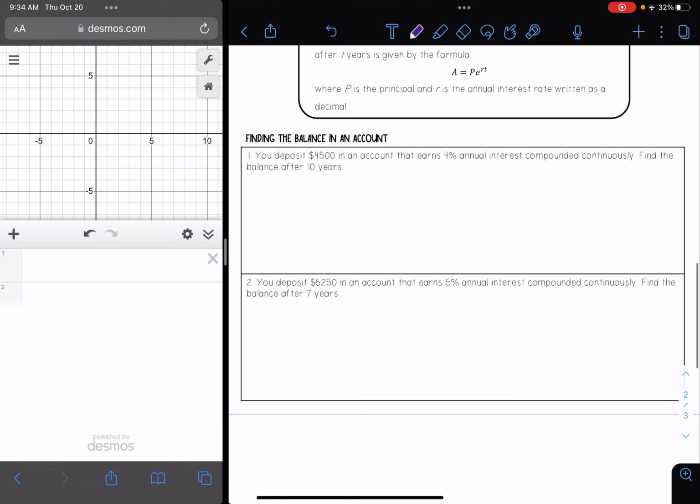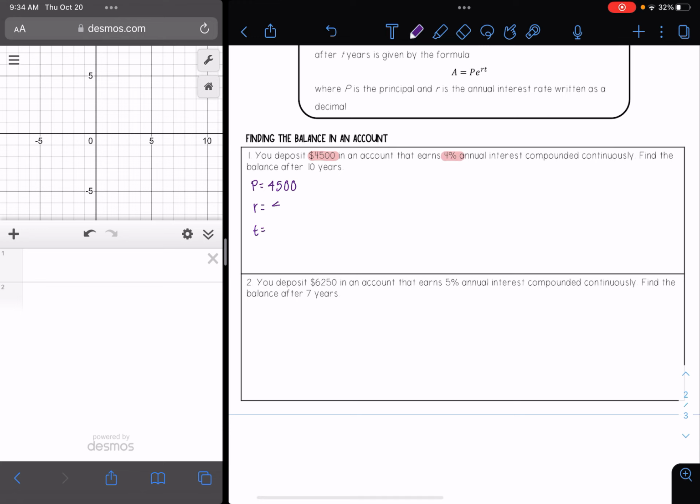So let's look at two different examples. Number one says you deposit $4,500 in an account that earns 4% annual interest compounded continuously. Find the balance after 10 years. First I'll look to see what the problem gives me. I see that my principal is $4,500, and then I see that it gives me a rate of 4%.